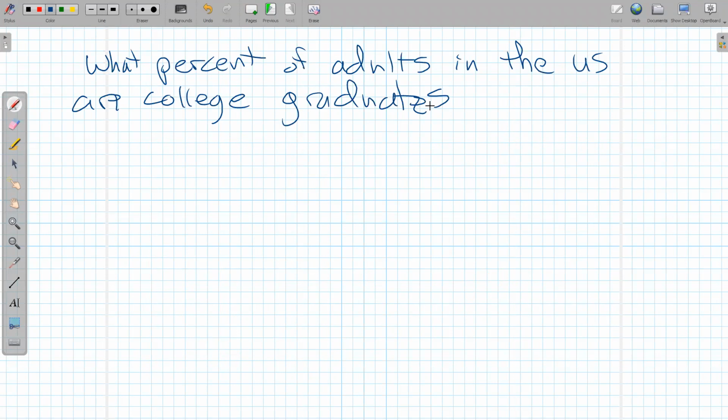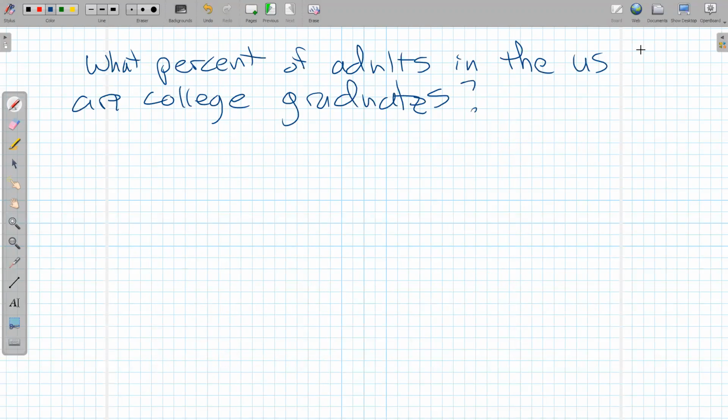Okay. 2016 is what I want to guess. Hang on. I can't find the dates. Okay, well, it's recent. I'll look it up later. So what percent of adults in the US are college graduates?